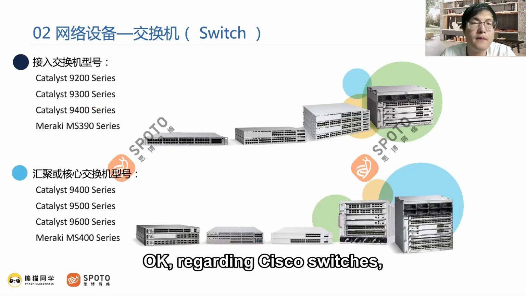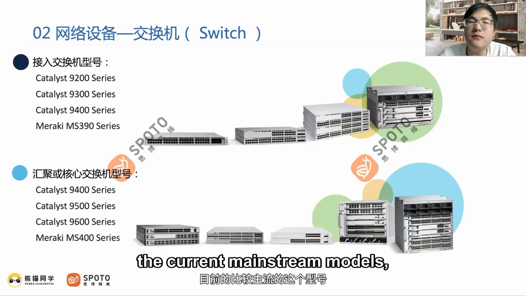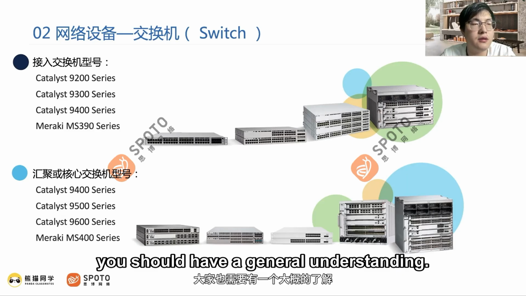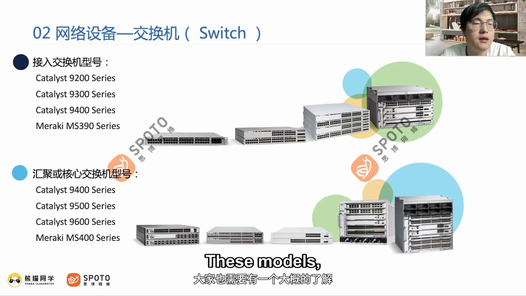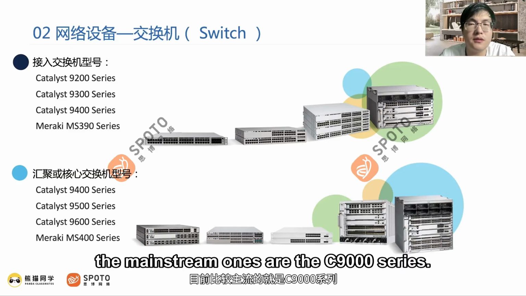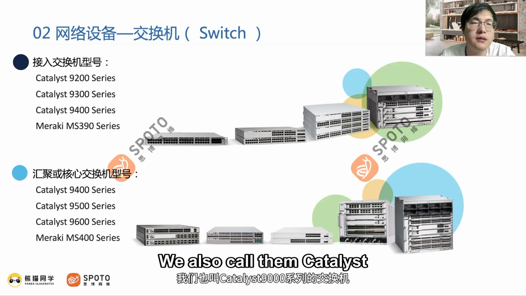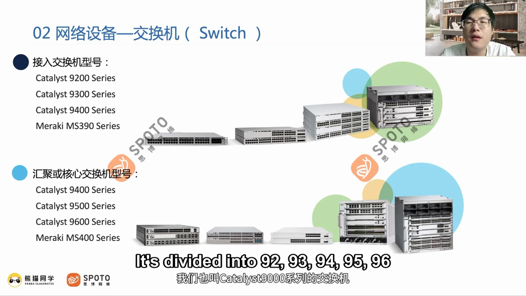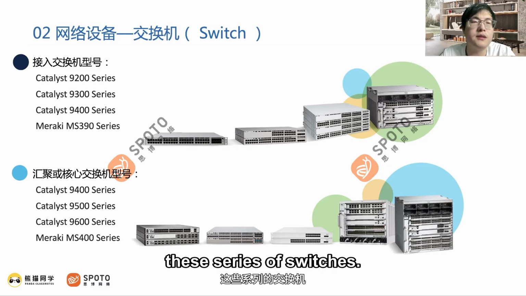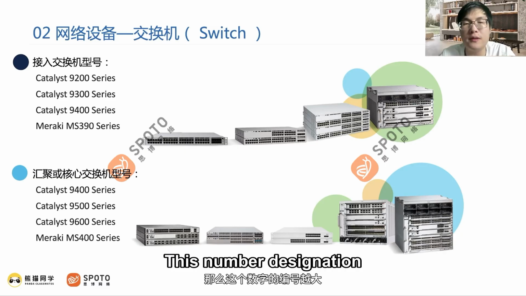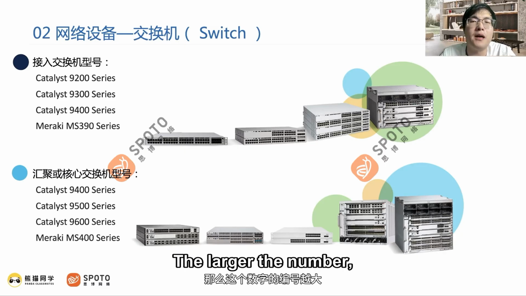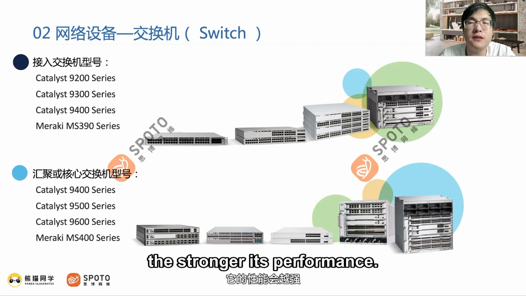Okay, regarding Cisco switches, the current mainstream models, you should have a general understanding. The mainstream ones are the C9000 series. We also call them CAT 9000 series switches. It's divided into 92, 93, 94, 95, 96. The larger the number, the stronger its performance.